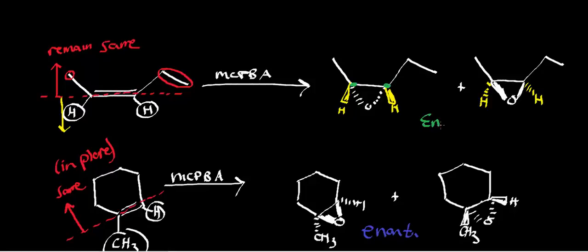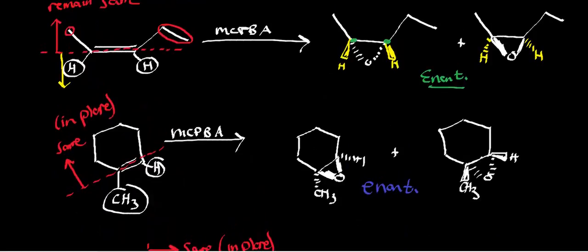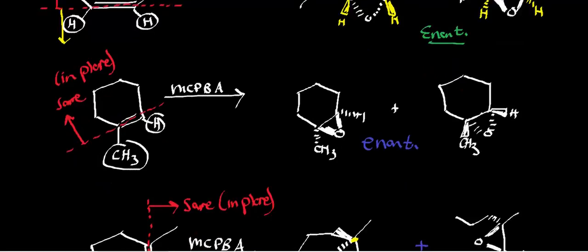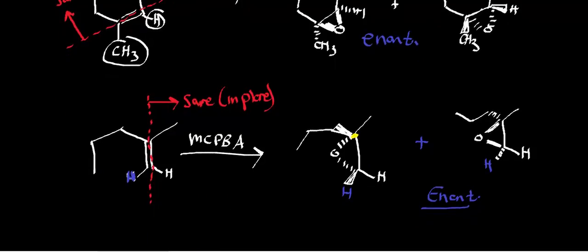These are also enantiomers. So one thing that's important about epoxidation, and then ultimately the full anti-dihydroxylation we'll see in another video, is very often you form enantiomers and sometimes diastereomers. Okay, that's something to watch out for in a lot of these addition reactions. You can form a lot of enantiomers and diastereomers.